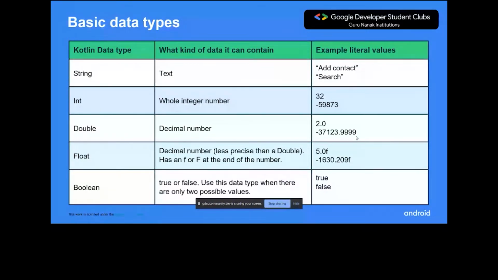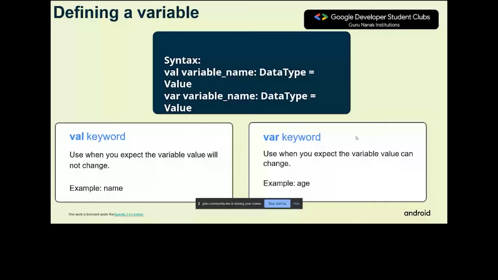Next, for using a variable, we need to define it. For defining it, we have a syntax. Just look here: val, variable name, data type. The syntax involves val. Val is the keyword that tells us we are going to define a variable.